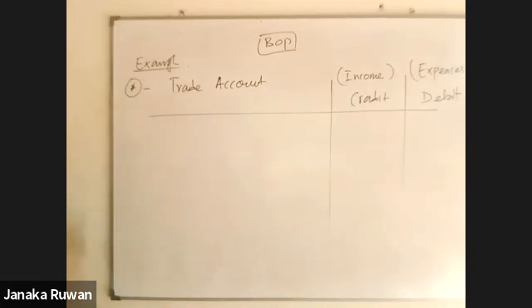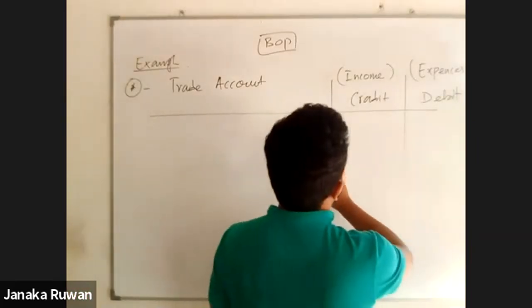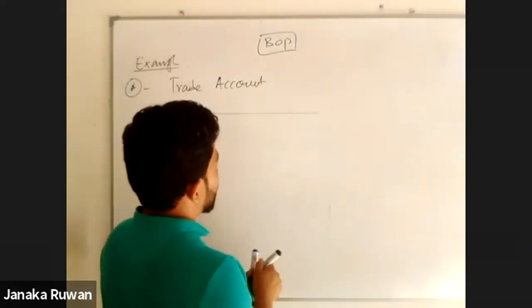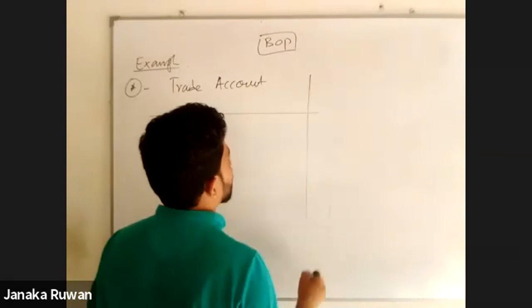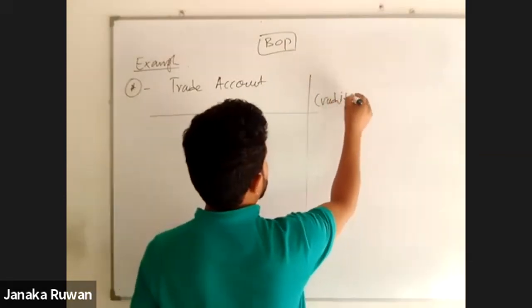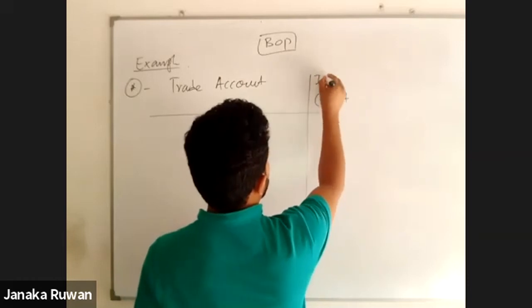Okay, then write. Income, this is credit. That is income.